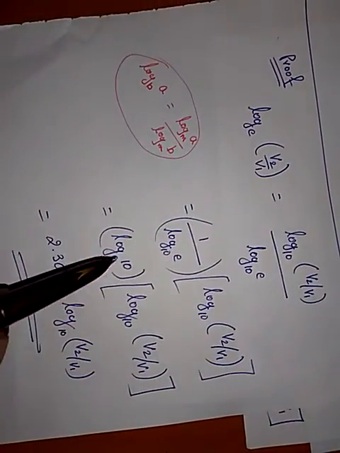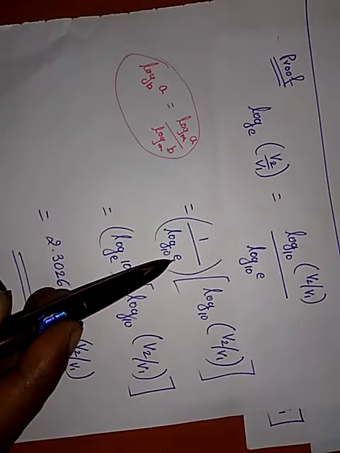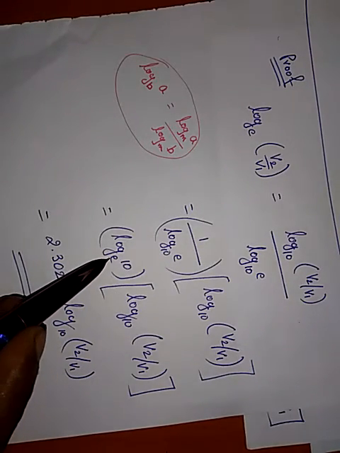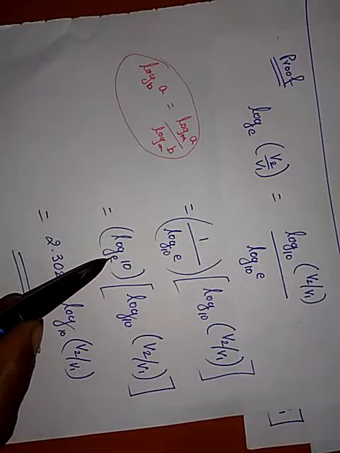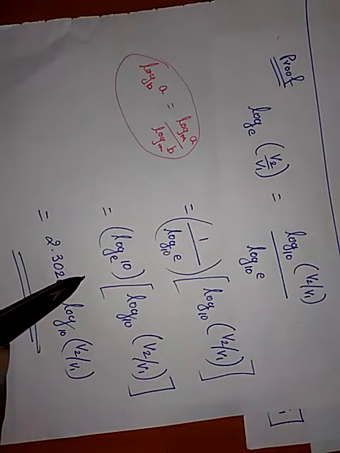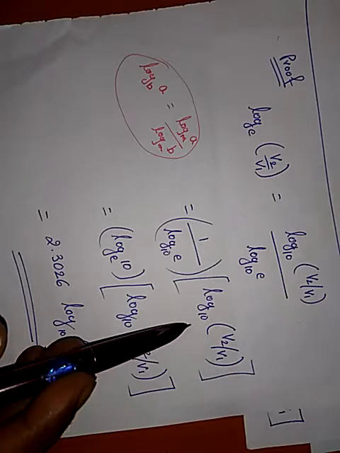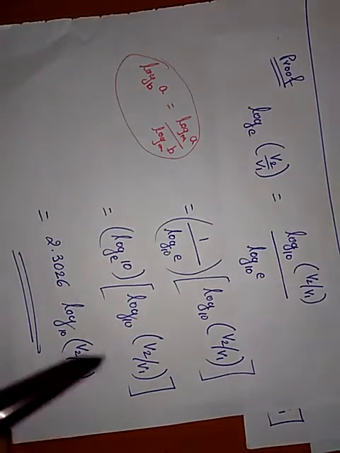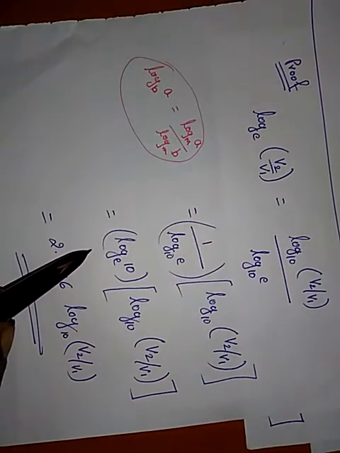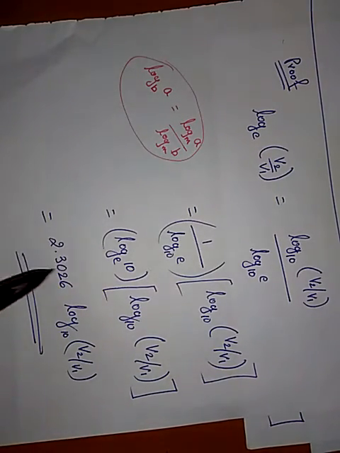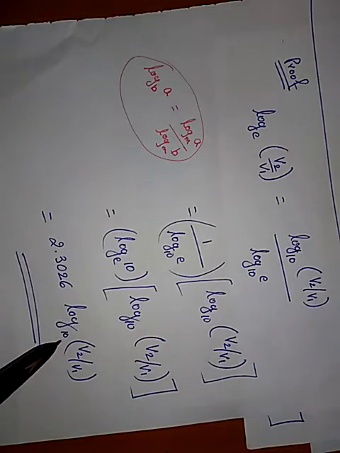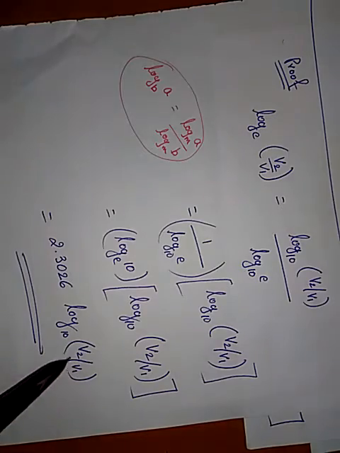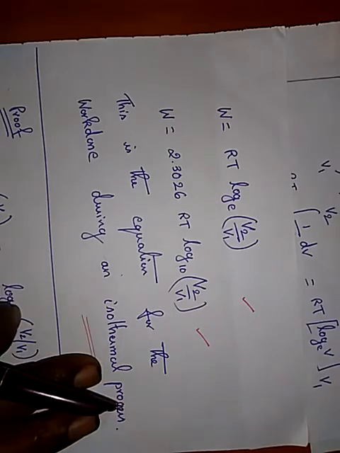This 1 by log e to the base 10 can be written as log 10 to the base e divided by 1 multiplied by log V2 by V1 to the base 10. Log 10 to the base e, if you find the value using logarithm book or calculator, you will get 2.3026, multiplied by log base 10 V2 by V1. This is the proof for this equation.